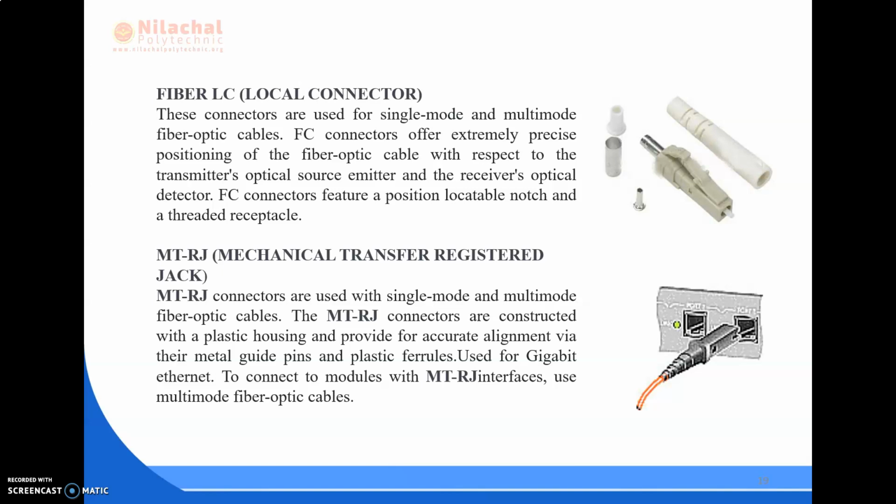FC connectors offer extremely precise positioning of the fiber optic cable with respect to the transmitter's optical source emitter and the receiver's optical detector. FC connectors feature a position locating notch and a threaded receptacle.